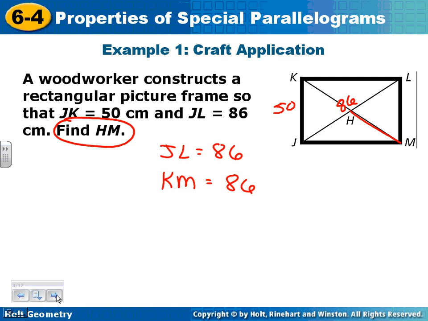But also remember that a rectangle is a parallelogram, and in parallelograms, the diagonals bisect each other. So in other words, HM is half that length. So half times 86 is 43. And that would be my answer. So each of those little halves in there would be 43.